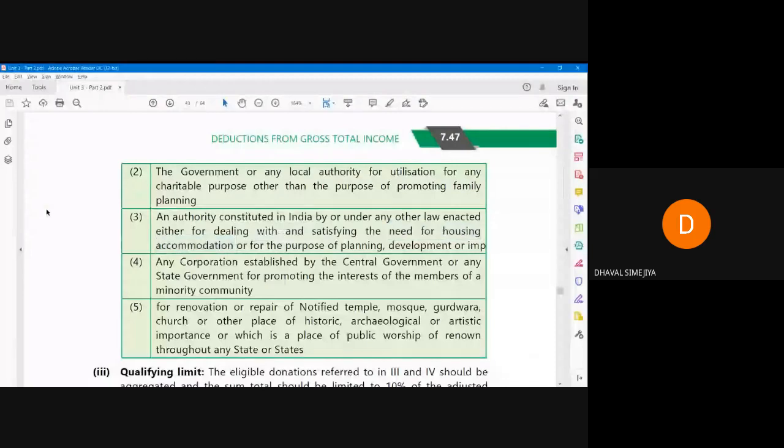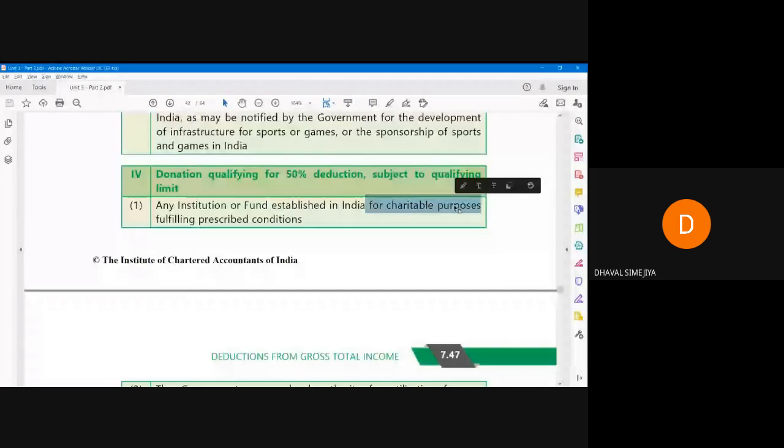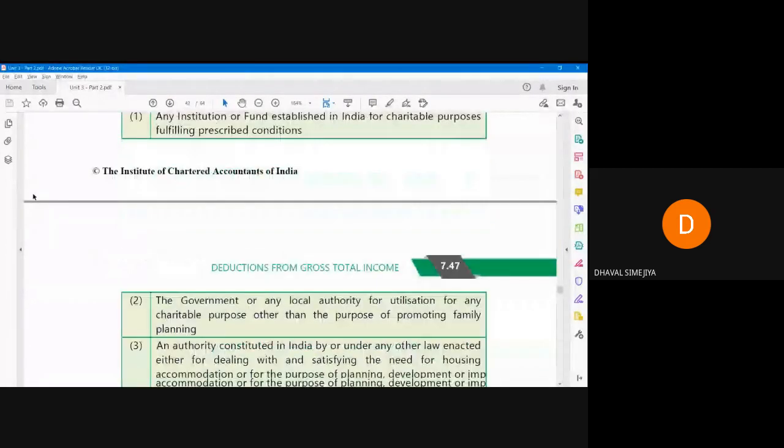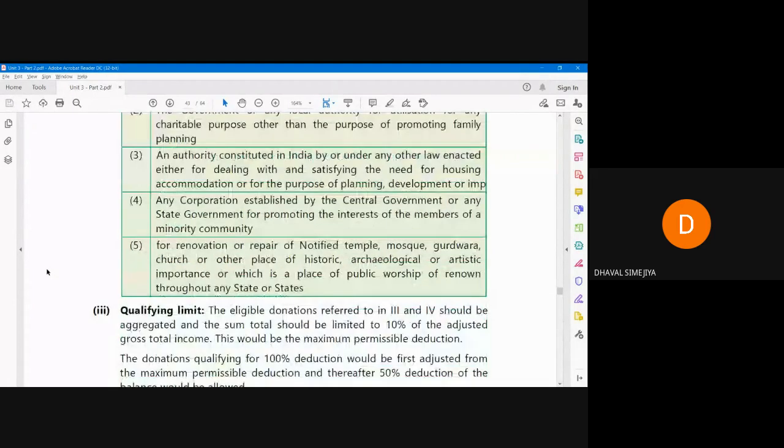So, first point, charitable institutions for charitable purpose, any institutions or fund established in India. Second point, any government or local authority, utilization for charitable purpose, but other than family planning. Third one, need for housing accommodation. Fourth one, any corporation established by central government or any state government for promoting the interest of members of minority community.